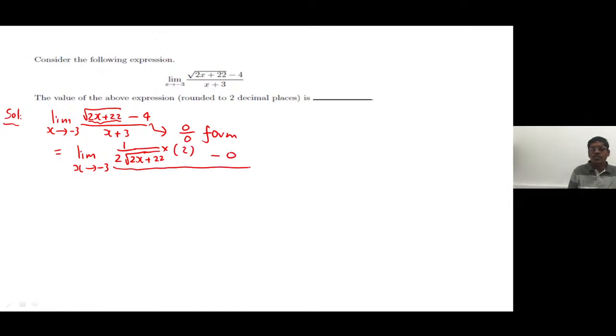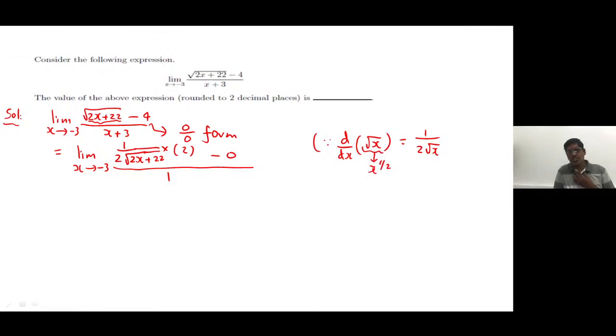This is the numerator differentiation. Denominator: x derivative is 1, 3 derivative is 0. Since d by dx of root x is equal to 1 upon 2 times root x. This root x is x to the power of 1/2, and comparing with x to the power n, differentiation n times x to the power n minus 1 simplifies to 1 upon 2 root x. Some people take this type of result as a standard derivative formula.